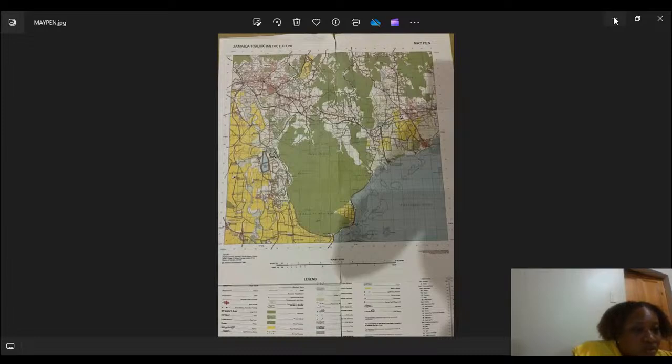You also see an airstrip. You have factories, and then you have several areas of factories. I guess it's near to the sugarcane, so they are probably sugarcane factories to produce sugar, right, from the sugarcane.